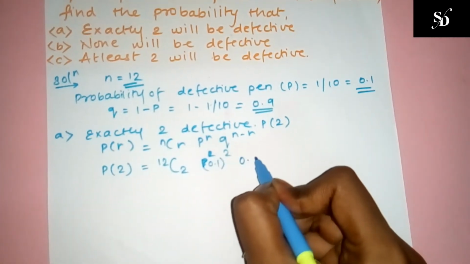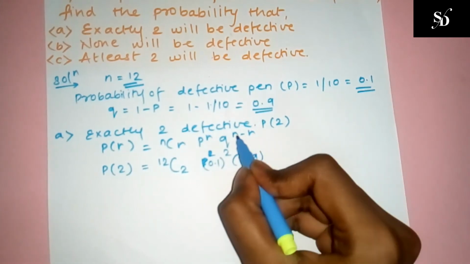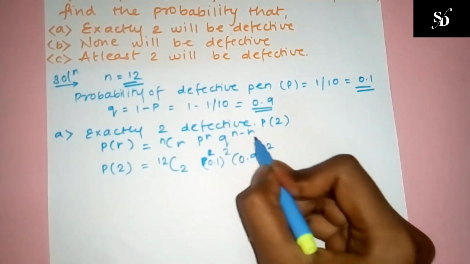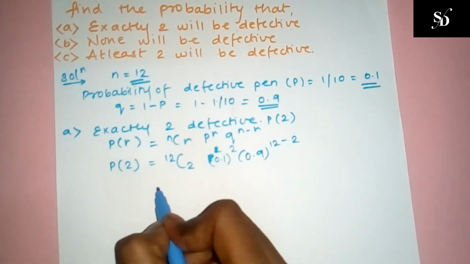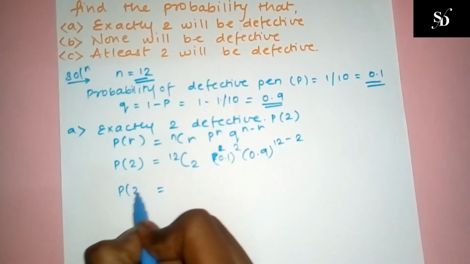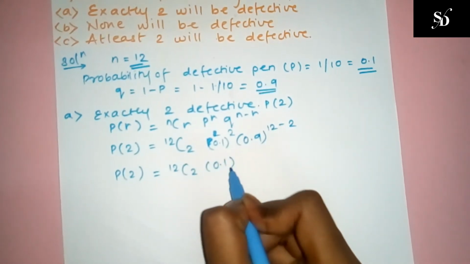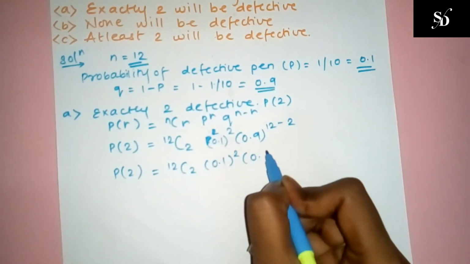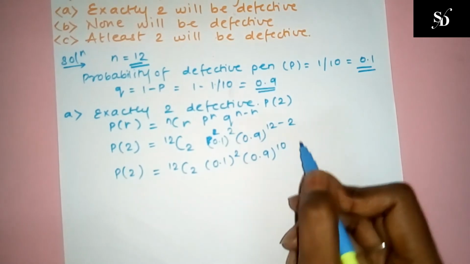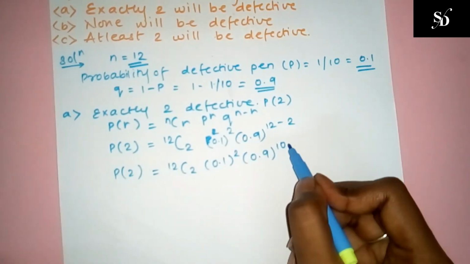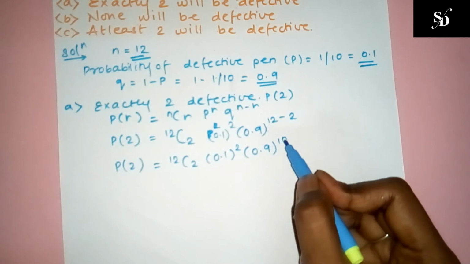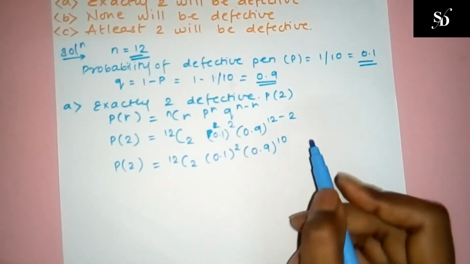So we put here 0.9 raised to n minus R. We have n as 12 and we have R as 2. So now we can simplify this. That is P of 2 is equal to 12C2, 0.1 raised to 2, 0.9 raised to 10. Now this entire thing you can put in the calculator and solve it directly. And whatever answer you get, I will write here the answer.